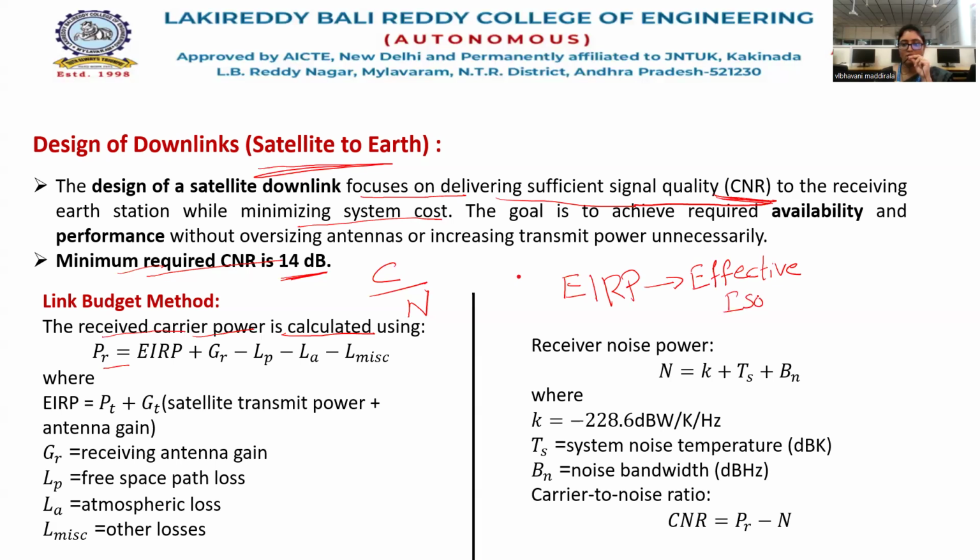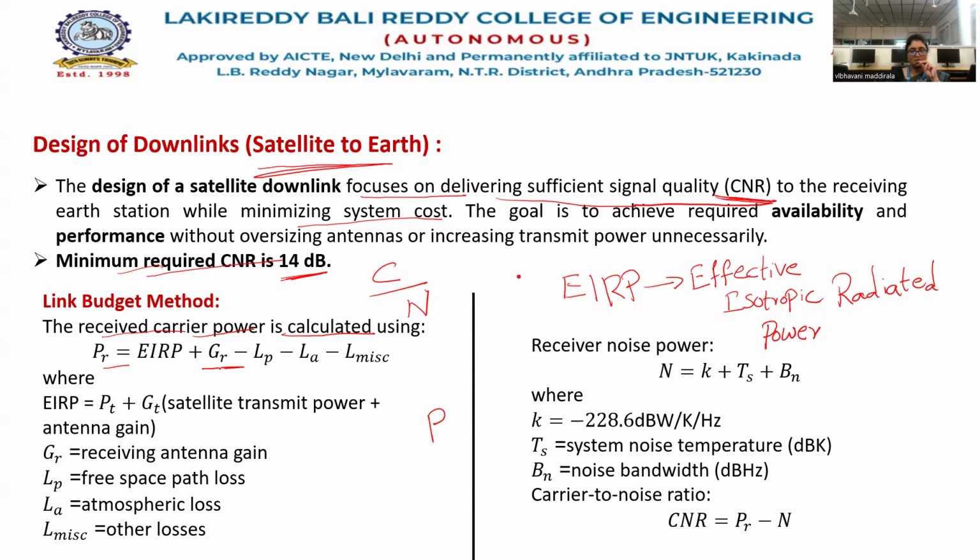The effective isotropic radiated power is nothing but the power which is radiating from the transmitting antenna.